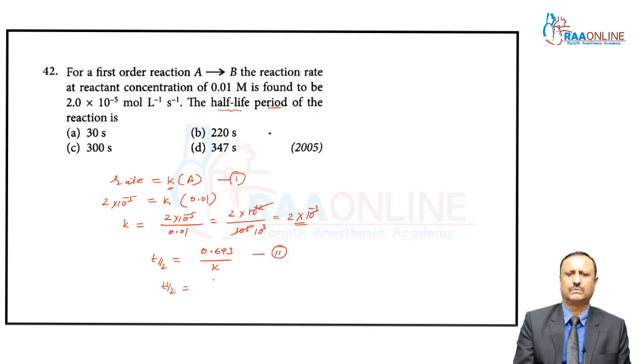T half is equal to 0.693 upon 2 into 10 to the power minus 3.